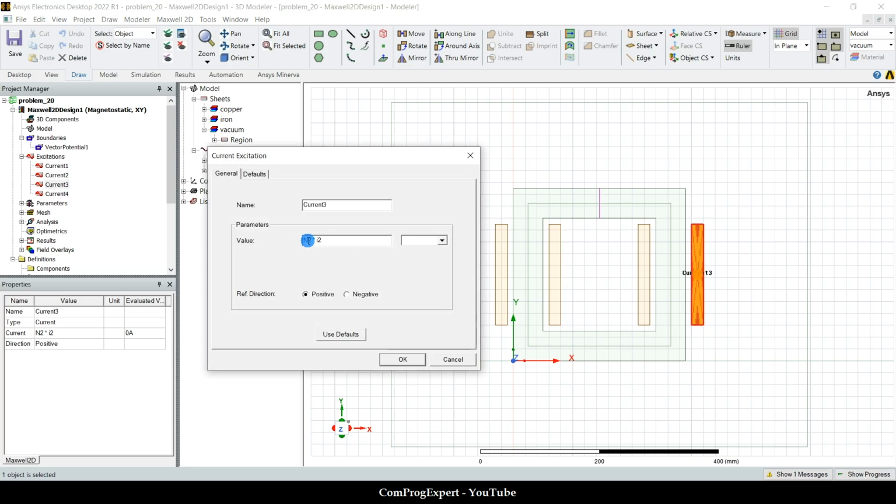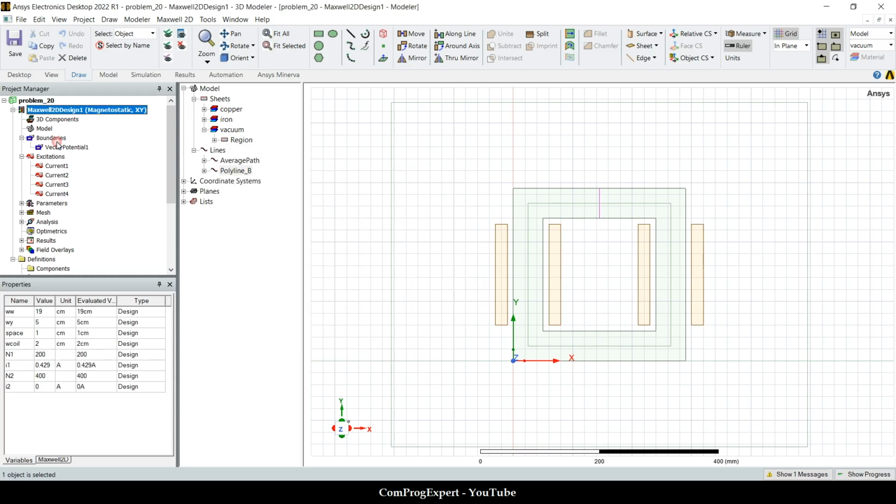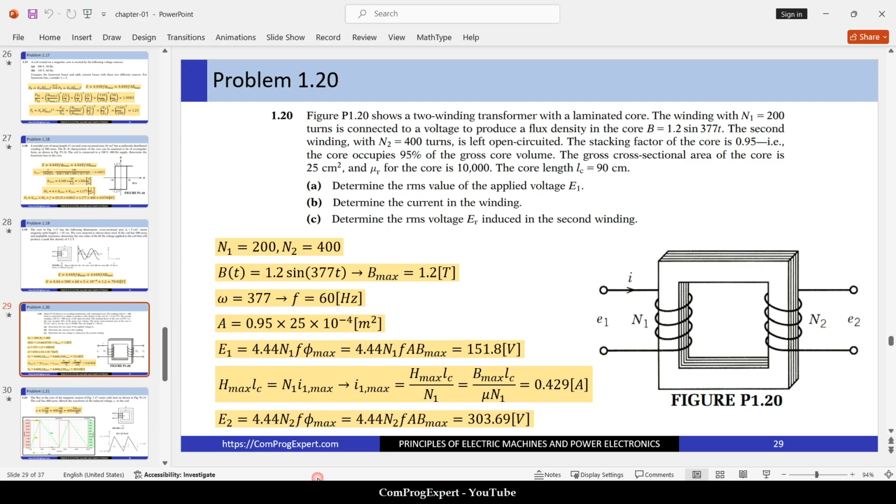This is N2I2. And also this one. Here we have the value of I1. I2 is 0. I1 is 0.429, the number that we calculated using these assumptions that we had.